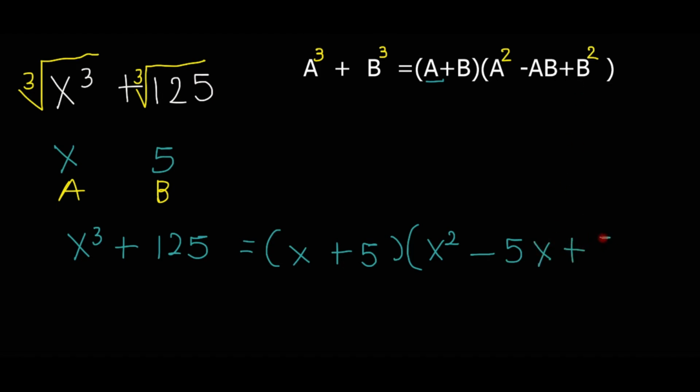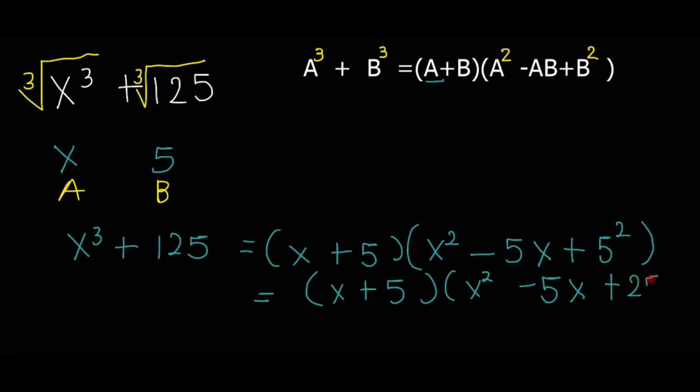So re la gore this is 5 squared, and then from there this is x plus 5, and then x squared minus 5x, and then 5 squared get 25. So this is our final answer.